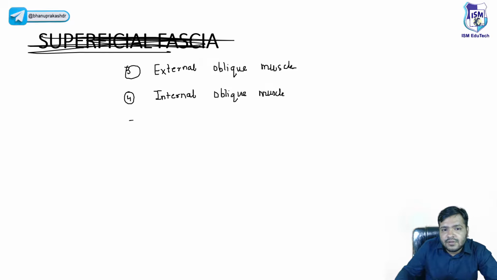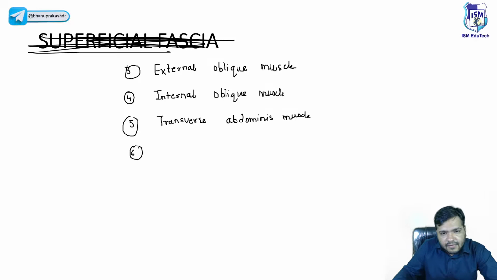so we have the fifth one, it is the transverse abdominis muscle. Transverse abdominis muscle. Okay, then we have fascia transversalis.